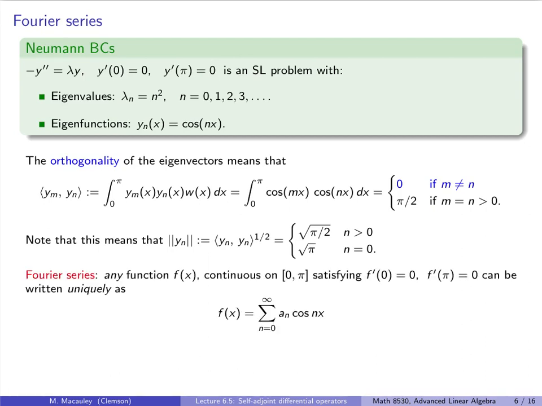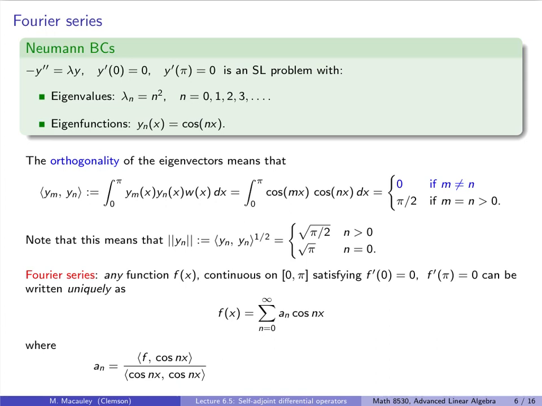We also get a Fourier series here. Technically, this is the Fourier cosine series. It says that any function f of x continuous on 0 to pi, or secretly piecewise continuous, that satisfies these boundary conditions, can be written uniquely as a sum of cosine waves. We're starting at 0 because that first one is just a constant. Here, an is the projection of f onto cosine of nx.